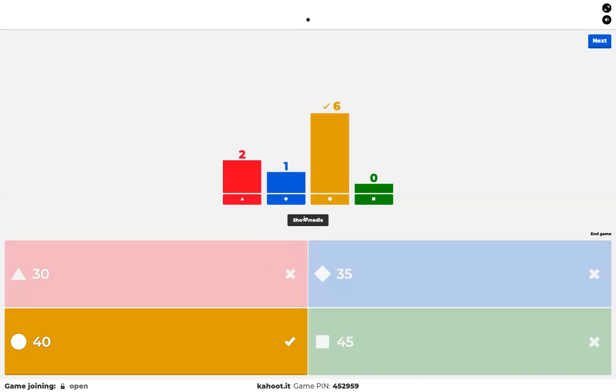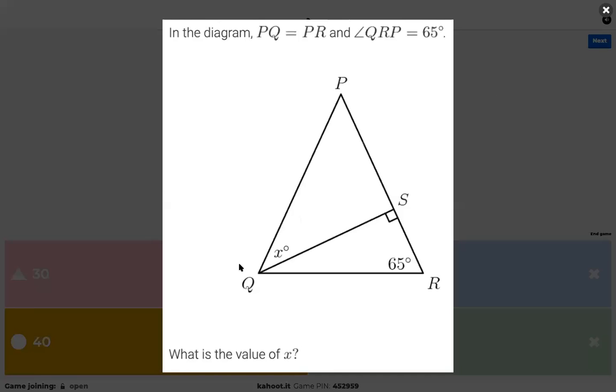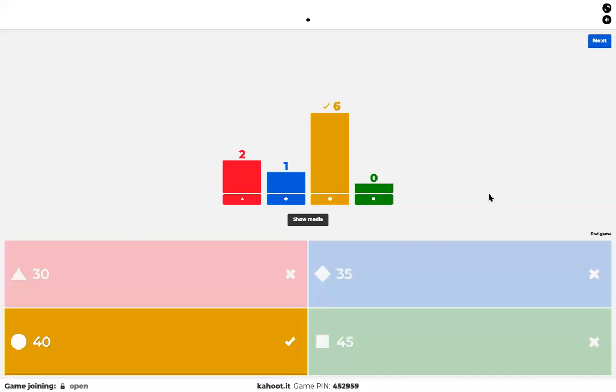Right, it's isosceles, and that means you can find the PQR, and this is right, so you can find the other parts that you subtract.